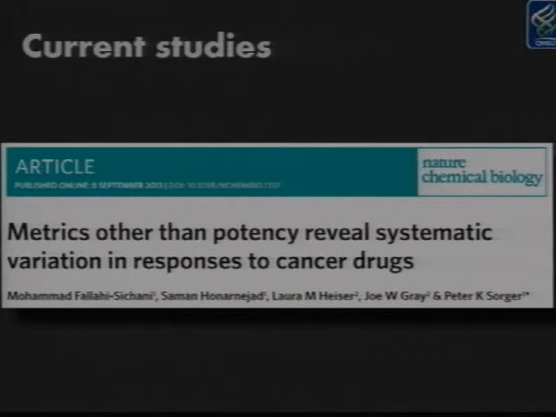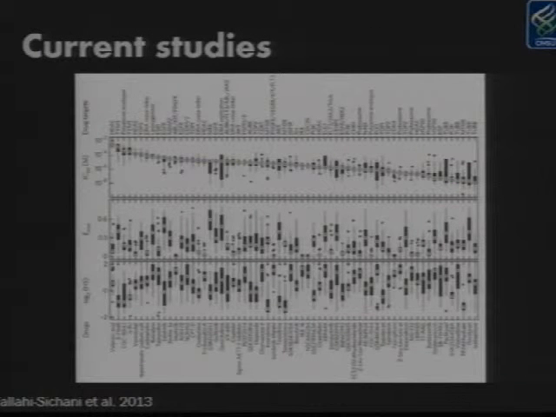This was a paper by Joe Gray and Laura and others here at OHSU, showing that the metric that you use to assess whether the drug is effective really varies across different drugs and cell lines. This is a figure from that paper. Across the x-axis, each of these is a different drug.